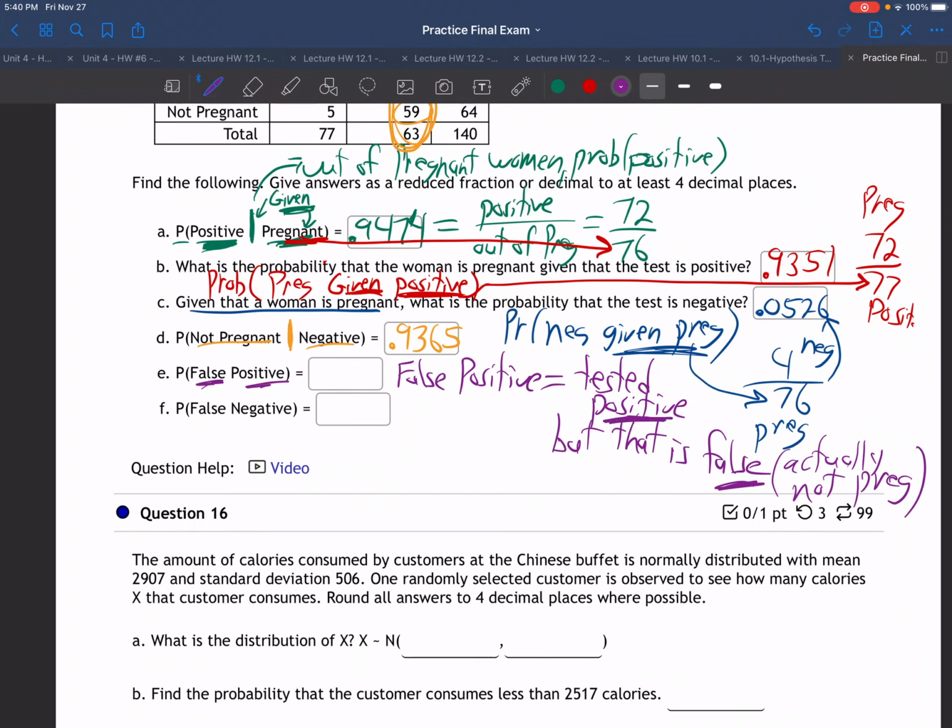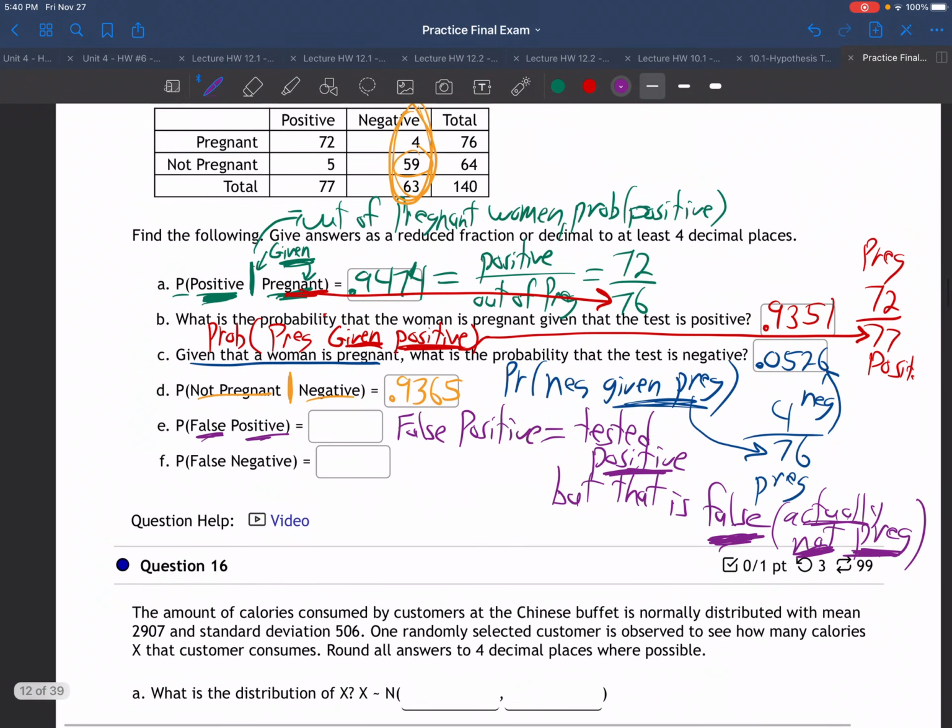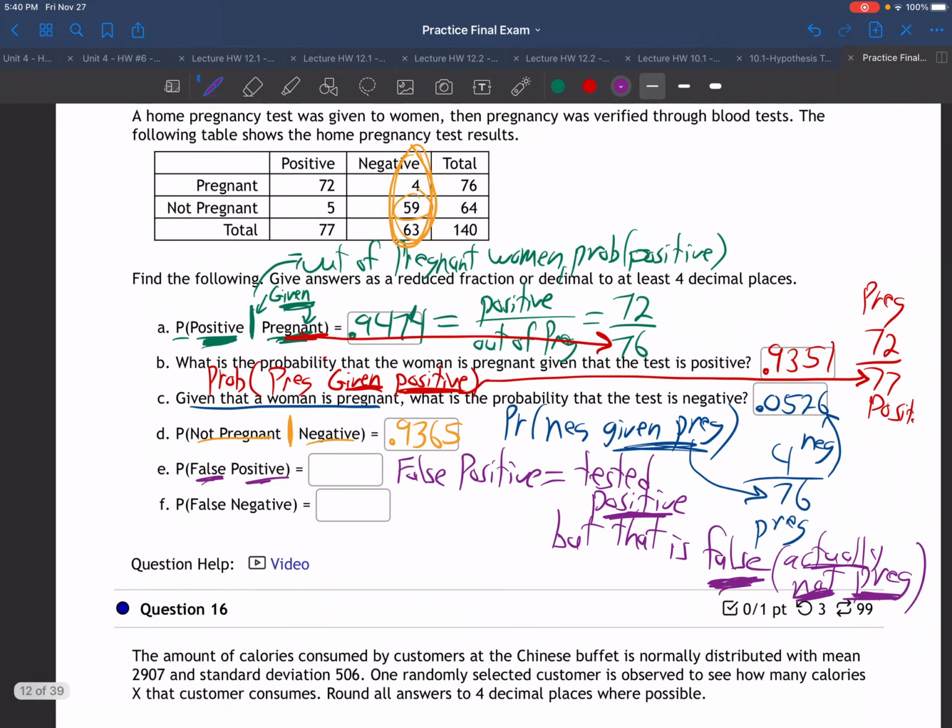They tested positive. The pregnancy test came out positive, like, yep, you're pregnant. But that's false. It's a false positive. They're actually not pregnant. What's the chance of a false positive? Who's a false positive up there? Well, it'd be somebody who tested positive. It's these people. And it's false, meaning they're actually not pregnant.